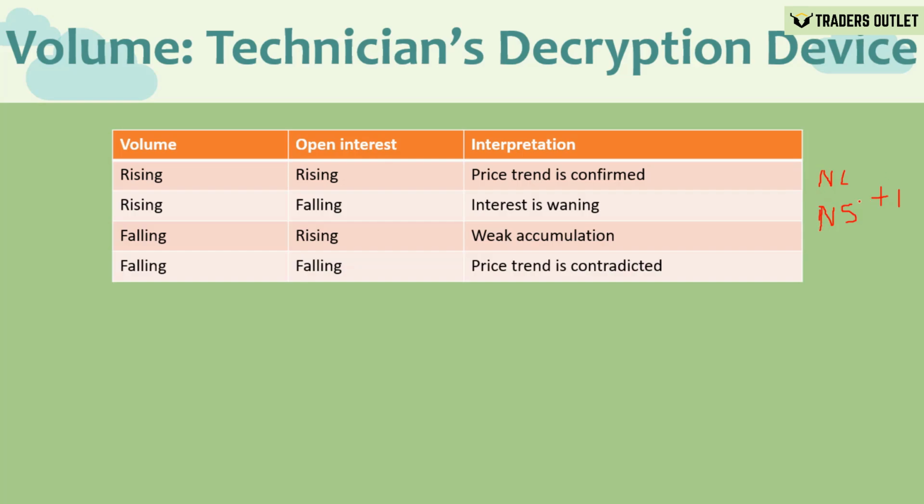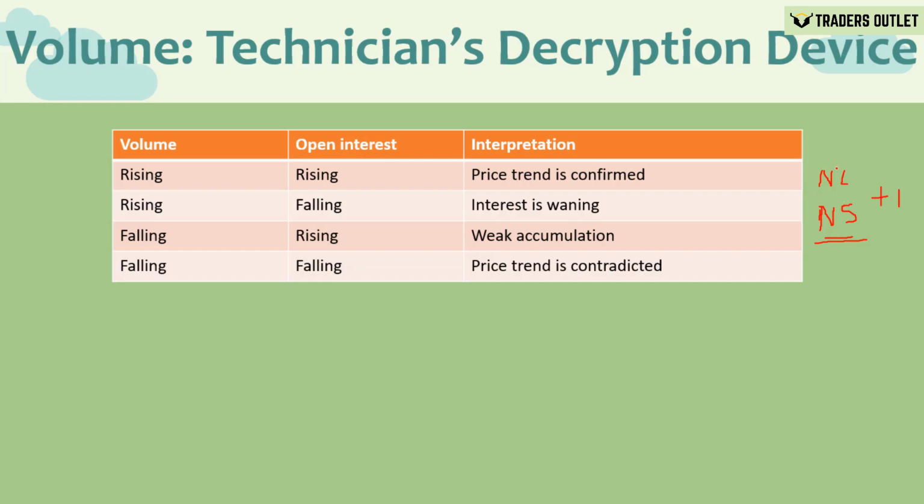But suppose there are no new short positions. One of the previous buyers has closed their long position, and another buyer has taken over that long position. There is no change on the short or seller side. Then the open interest does not change. The number of contracts open in a particular market does not change.